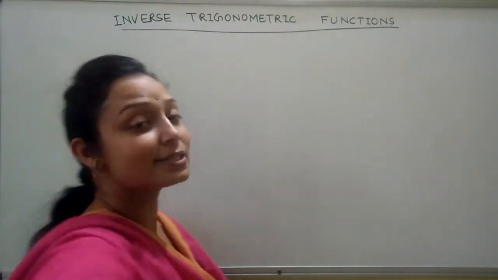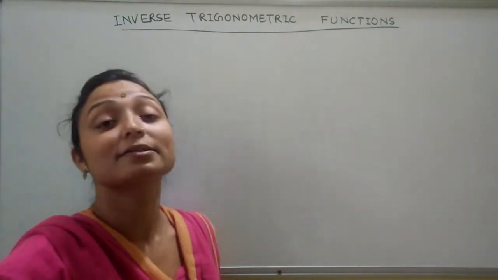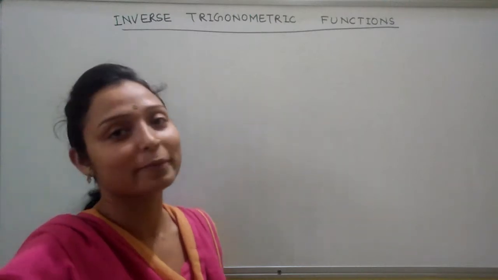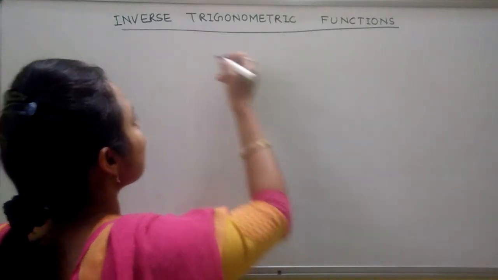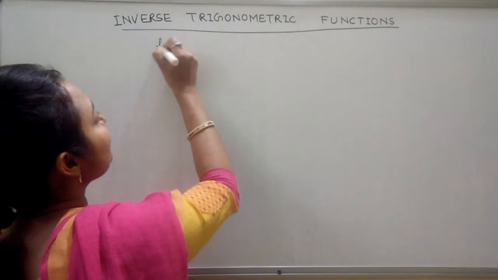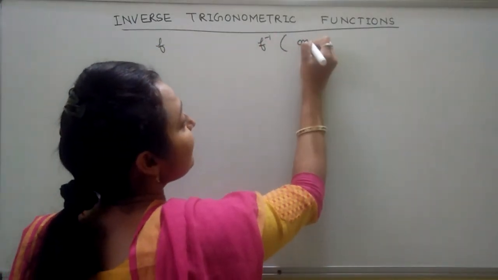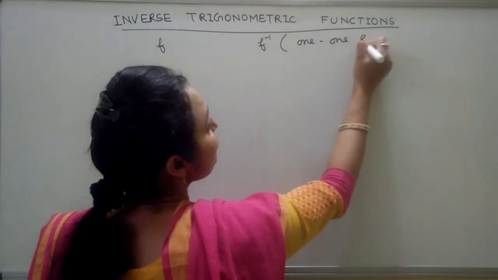Inverse trigonometry is not just like trigonometry. It is relevant to that, but it is the inverse of that trigonometry, and it is written as the function f having the inverse, f inverse, which is 1-1 and onto.